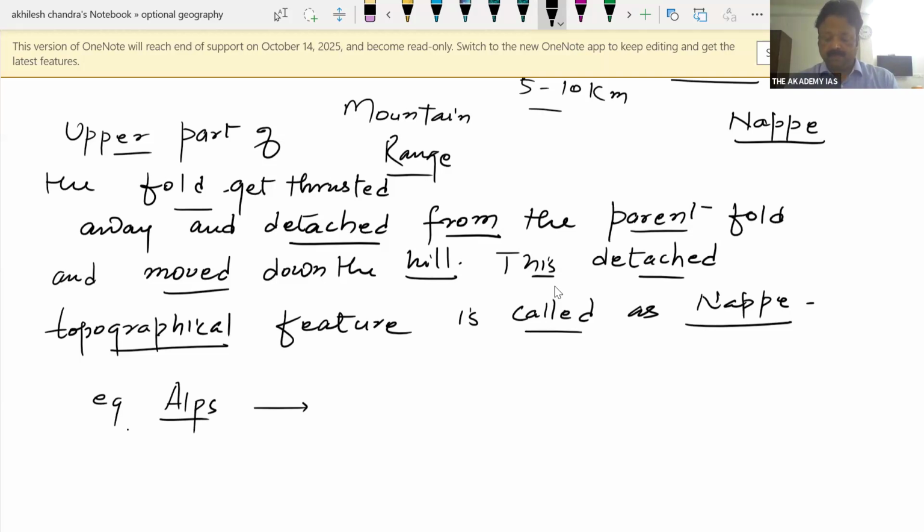Okay. So there are many nappes in the Alps.